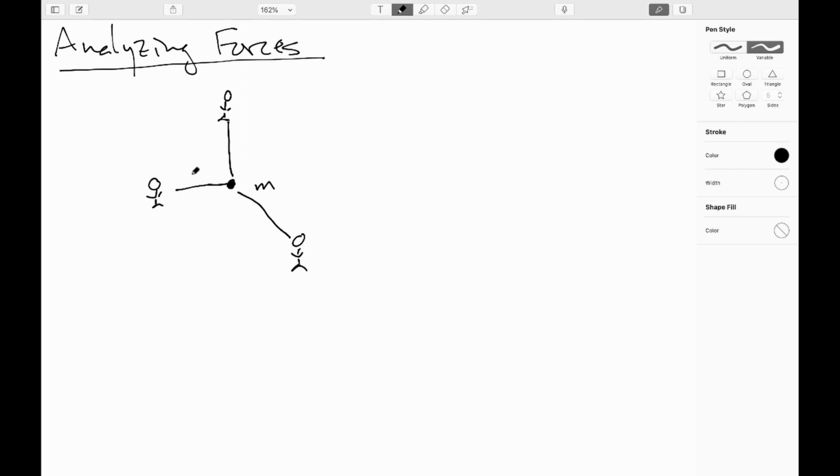Now we know that this first person is pulling straight to the left with 100 newtons. We know this second person is pulling straight to the right with 100 newtons.